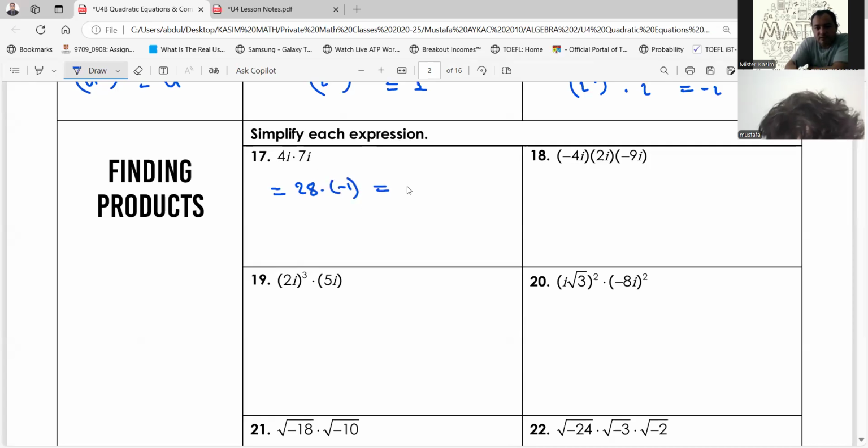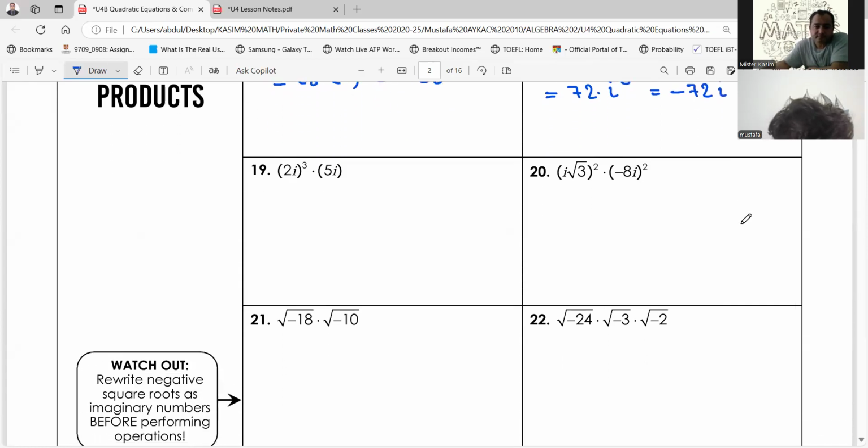So that's equal to negative 28. And how about 18? It is negative 4 times 2, negative 8 times negative 9, positive 72. And here we have i cubed, because i times i cubed. And we have just calculated i cubed. What is it? It is negative i. So the answer is negative 72 times i, the simplest form.